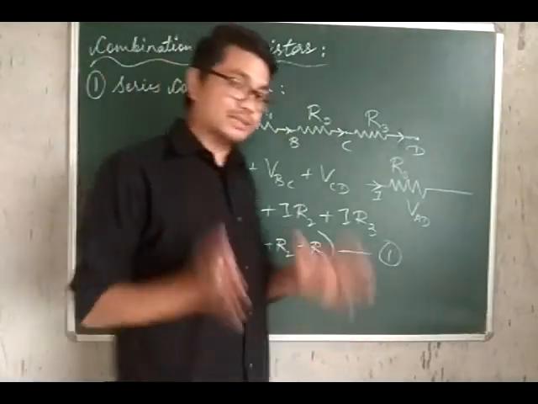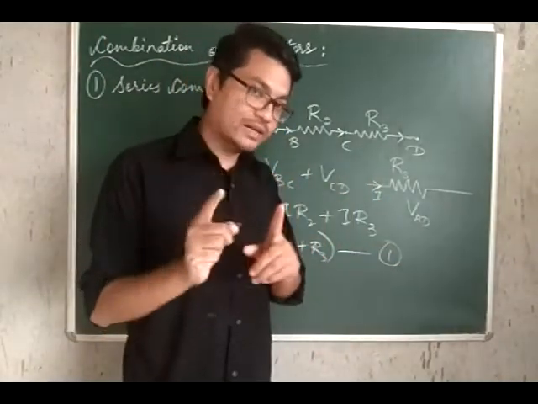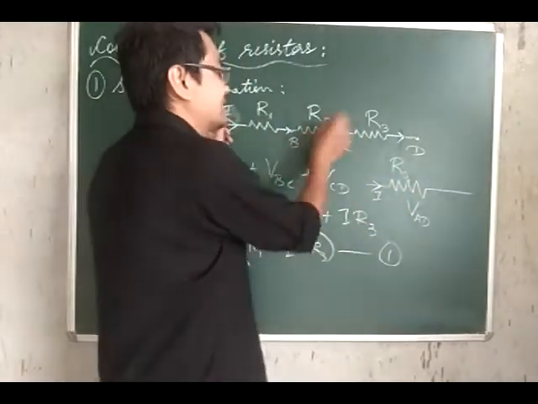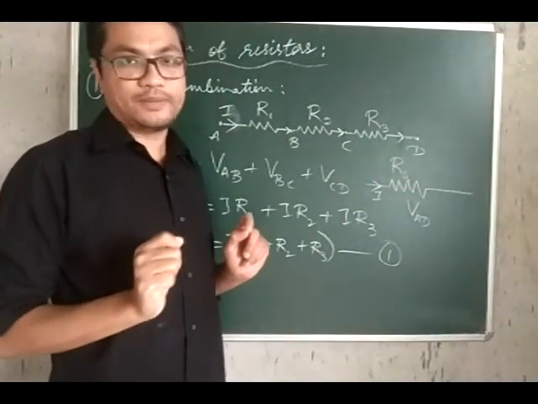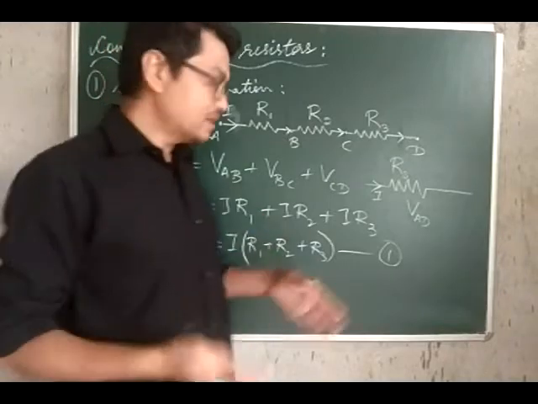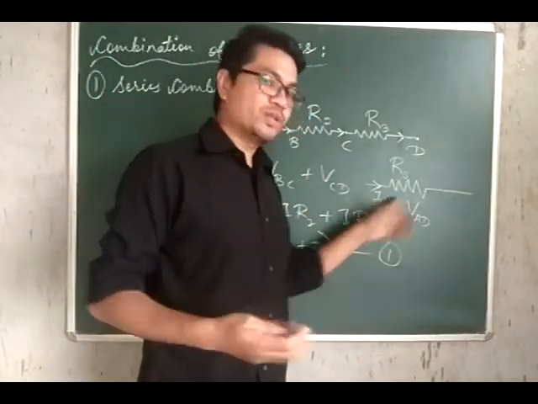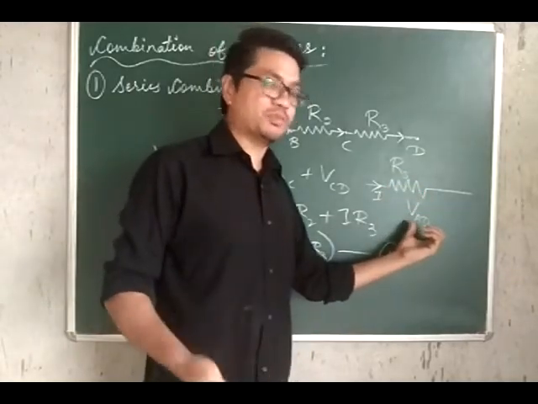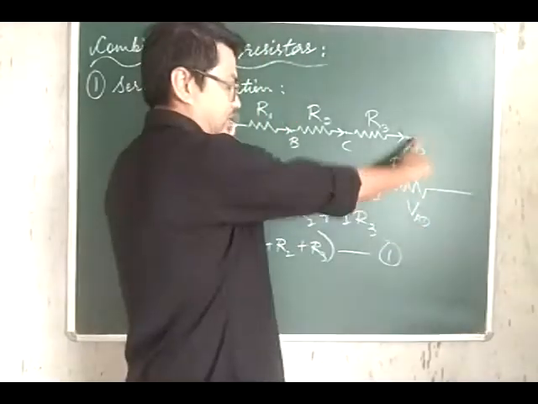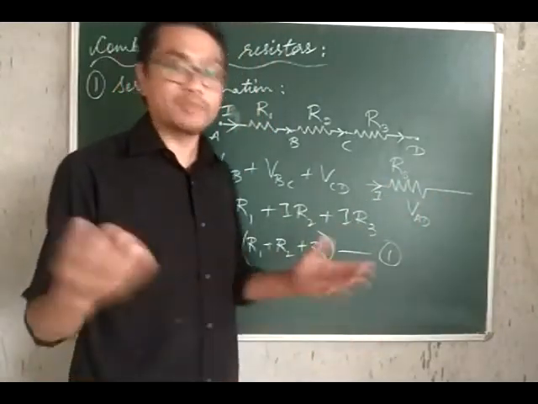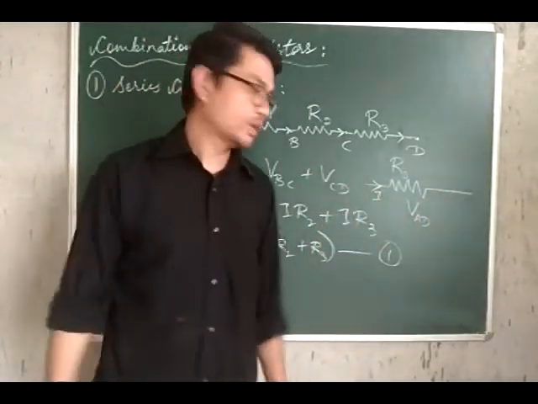If that is the case, then only RS is called the equivalent resistance of these three resistors. Only when the current I flowing through the resistor develops a potential difference VAD across it, then only this resistor is called the equivalent resistance. Like I mentioned, it is not any random resistor.